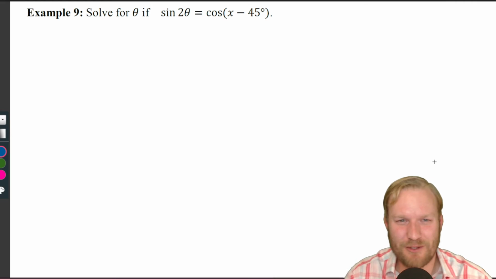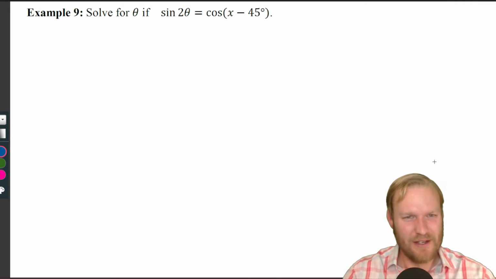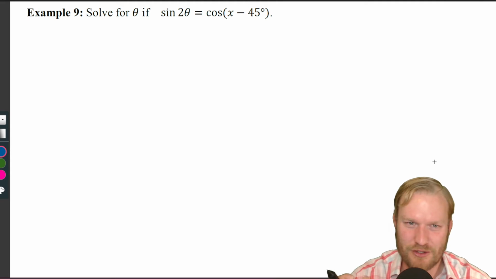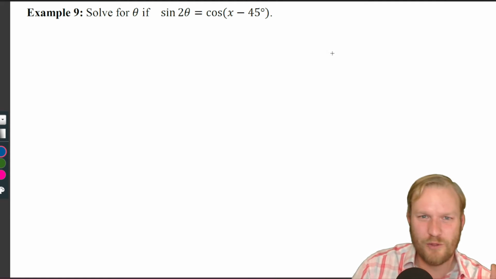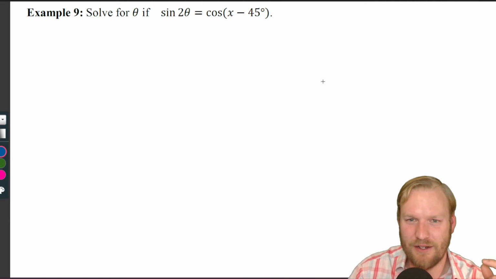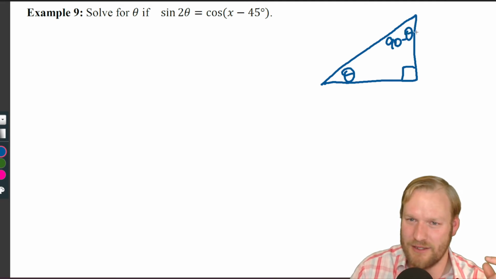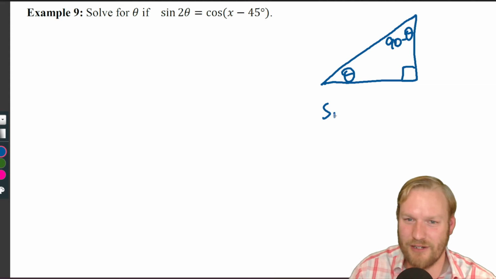So sine 2 theta equals cos(x minus 45). Now, what we ended off the last video saying was, let's try and make sure that we just get sines or just get cosines. So we're going to use that idea from our freestanding triangle, that if that's theta, that's 90 minus theta because of the right-angle triangle.